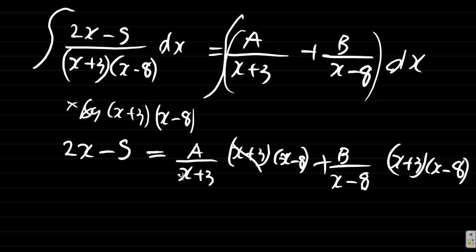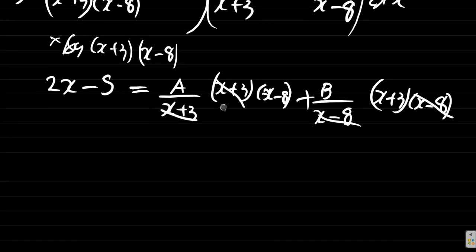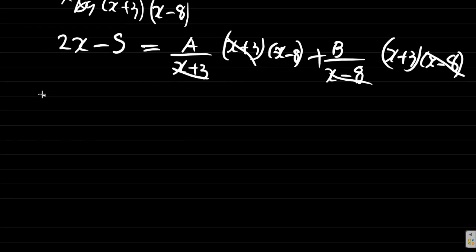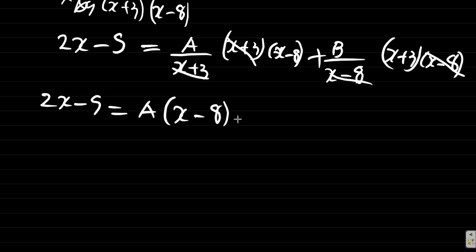X plus 3 would cancel x plus 3. X minus 8 would cancel x minus 8. What you would have is 2x minus 5 equal a times x minus 8 plus b times x plus 3.